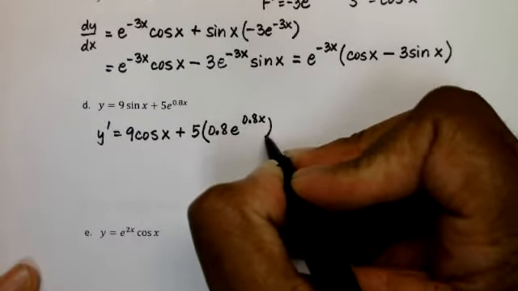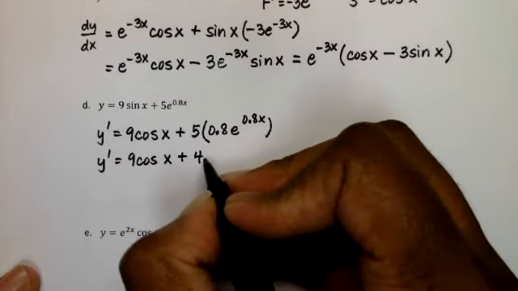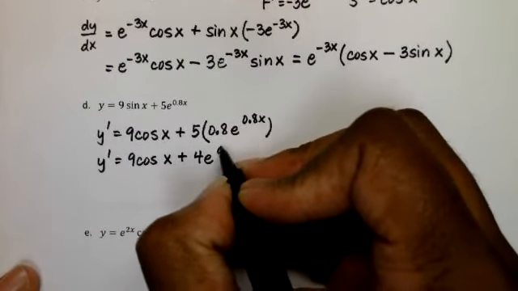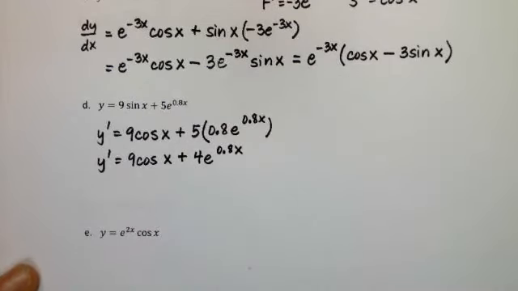And then simplify this, I'll bring down the 9 cosine of x plus 5 times 0.8 would be 4, and then e to the 0.8x. So the derivative of y equals 9 sine of x plus 5 e to the 0.8x will be 9 cosine of x plus 4 e to the 0.8x.